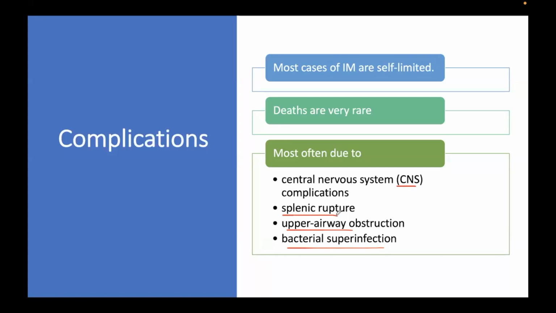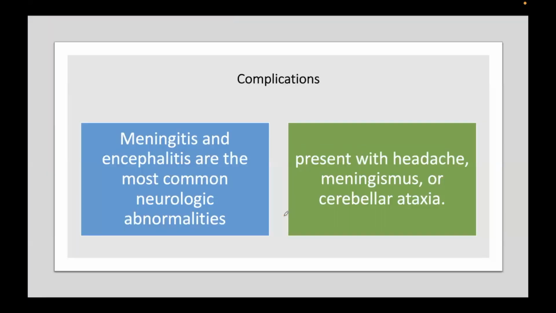Now, the one that came out in the boards was a case of splenic rupture. The patient had tonsillitis, then died of splenic rupture. This is classic infectious mononucleosis. Now, winding down, as for the complications, if it is a central nervous system complication, this is the usual cause of death.